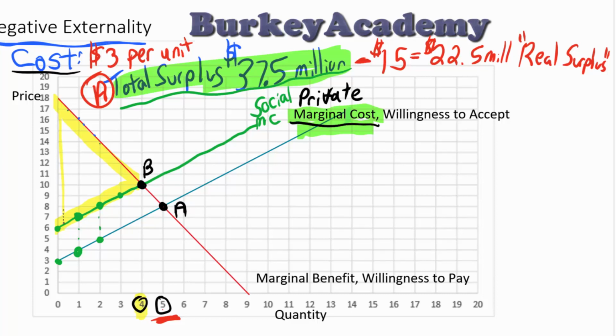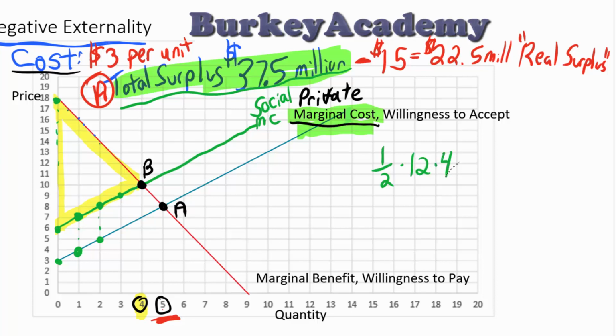So how much is this surplus if we don't actually make 5 units and we stop at making 4 units? Our real surplus is going to be 1/2 times the base here. It goes from 18 down to 6, so that's 12, times 4.